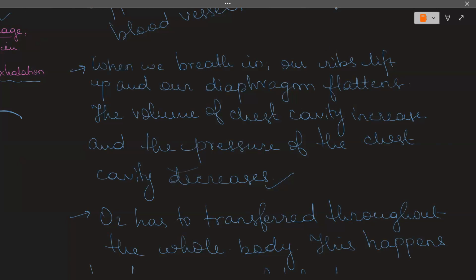Since there is an inverse relationship between pressure and volume, whenever the volume increases, the pressure decreases, and when the pressure increases, the volume decreases. Always opposite. So when the volume of the chest is increasing, the pressure inside the chest cavity is decreasing. Because of that, the oxygen from the atmosphere diffuses into our lungs.